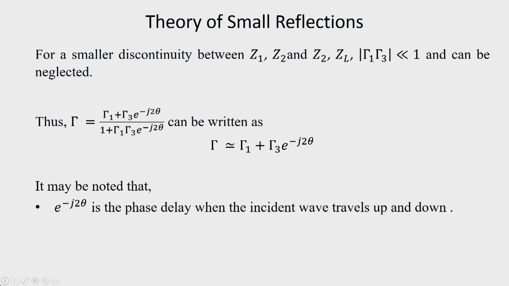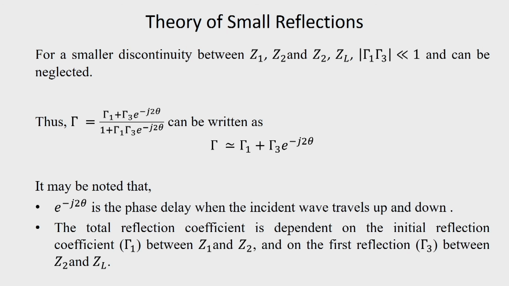So, it may be noted that e to the power minus j 2 theta is the phase delay when the incident wave travels up and down, and the total reflection coefficient is dependent on the initial reflection coefficient between Z1 and Z2 and on the first reflection between Z2 and ZL.